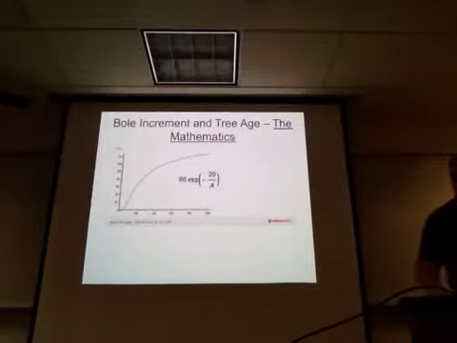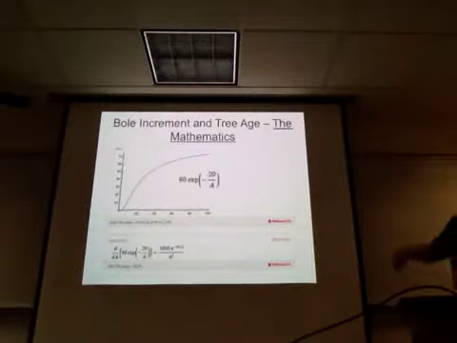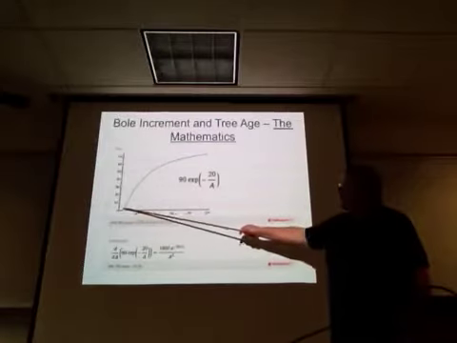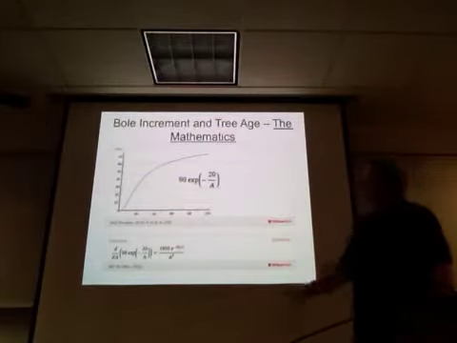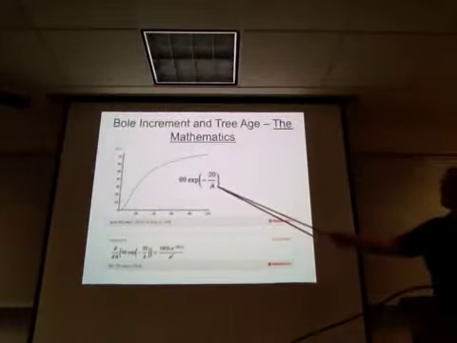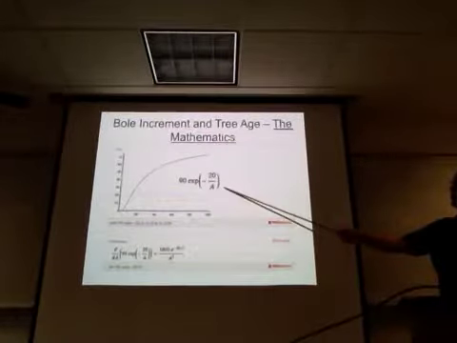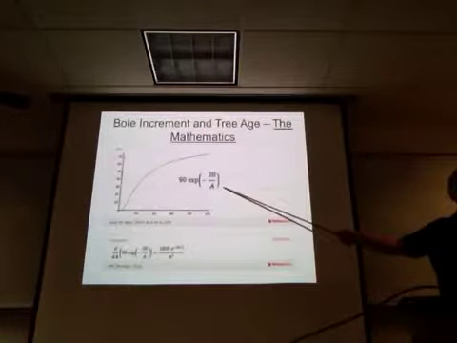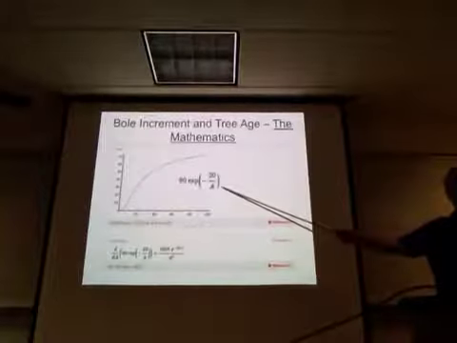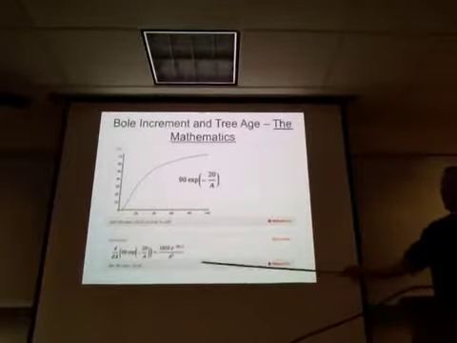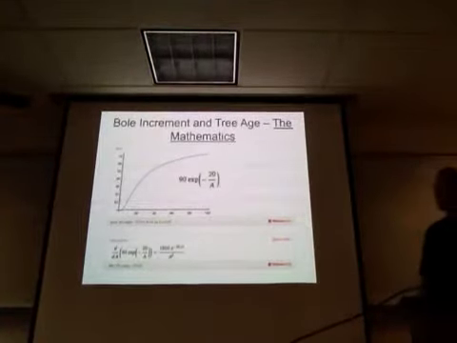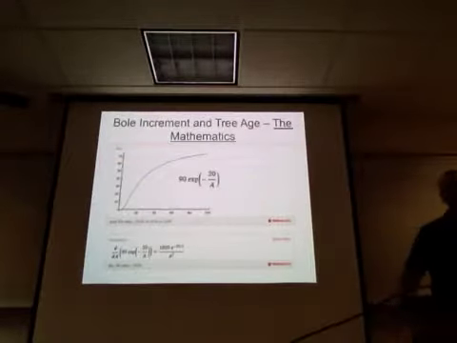So if we want to find this inflection point, which is not shown too well here, here's our size versus time. We want to find the point where growth goes from increasing at an increasing rate to a decreasing rate. We take the derivative of that function and we get this result.